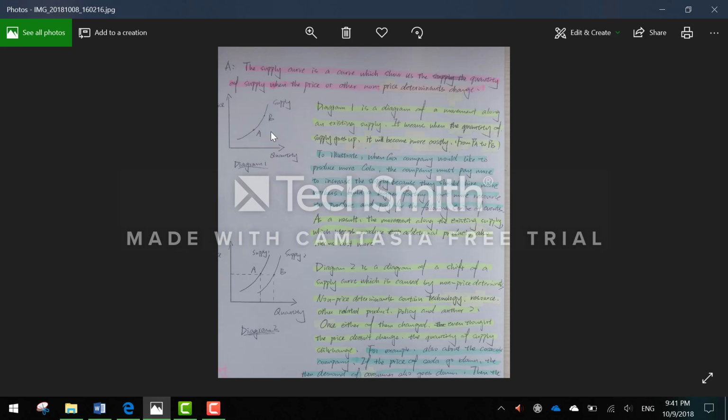She says diagram 2 is a diagram of a shift of a supply curve which is caused by non-price determinants. Now, to be clear, she means caused by changes in non-price determinants. Non-price determinants contain technology, resources, and other related products. That's a little vague. And then policy and author.